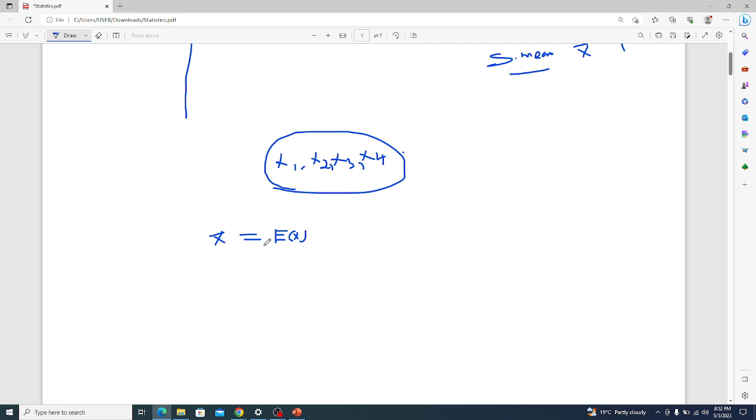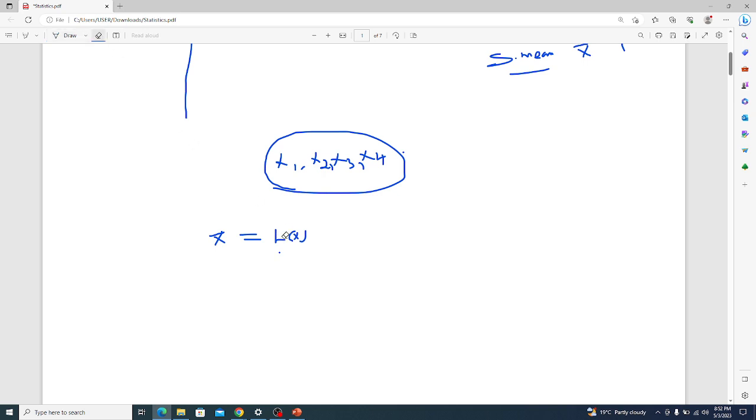Those who did advanced applied statistics know that x bar is equal to the expectation of x. We usually have a way to derive this, but I won't do it here.